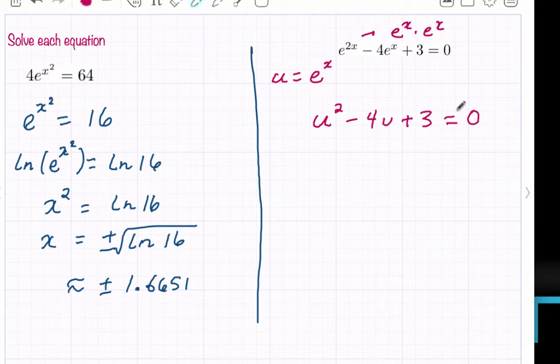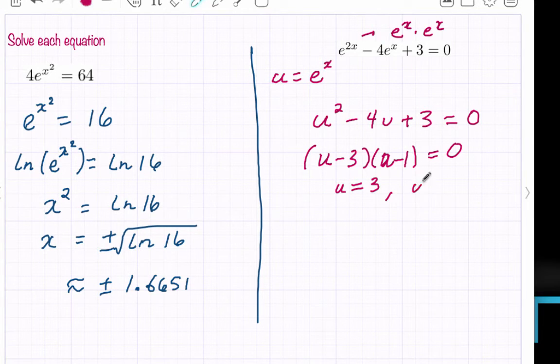We're going to use u to help us out because the e can be confusing to factor. So this looks like a quadratic, and we're going to go ahead and factor it. Two numbers that multiply to be 3 and add to be -4 are minus 3 and minus 1, so u minus 3 times u minus 1 equals 0. So u equals 3 and u equals 1.